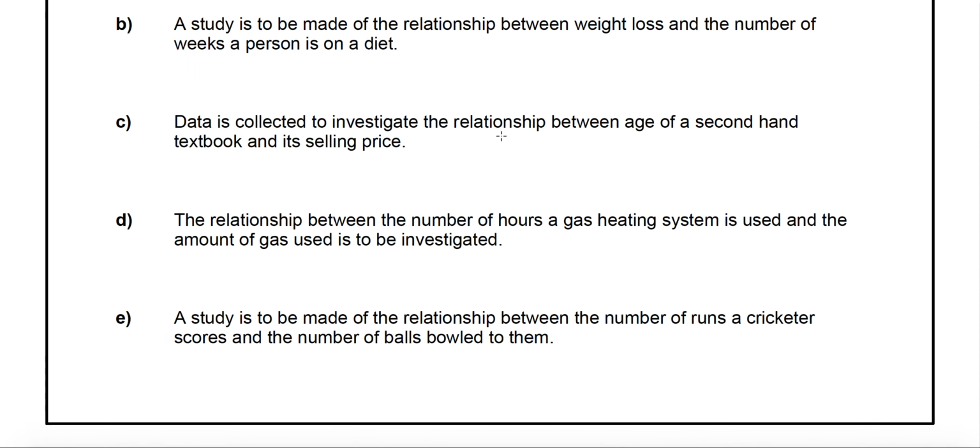Study between the weight loss, I've accidentally put that in, I would normally not put two weight loss examples in there, but weight loss and number of weeks a person is on a diet. Well, we'd expect that the time that they've been on that diet would explain their weight loss.